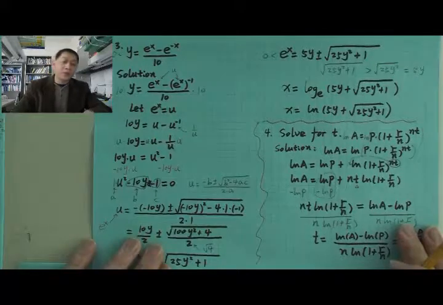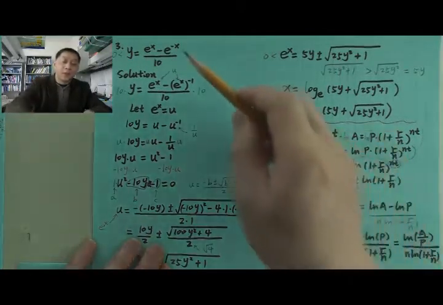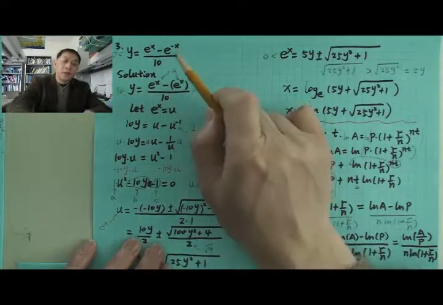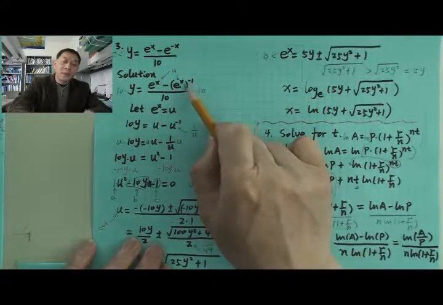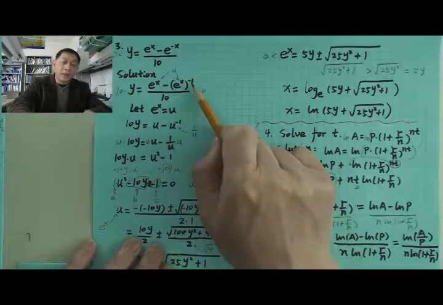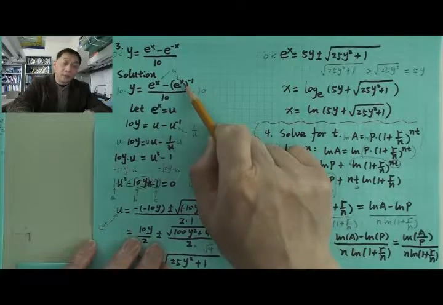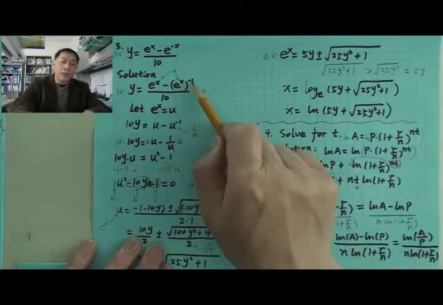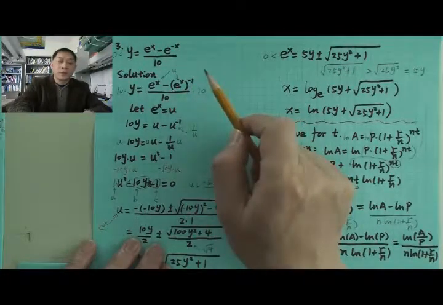From here, you want to notice that e to the negative x is e to the x to the negative 1. Because right here, negative 1 with x is x times negative 1. It's not add or subtract.